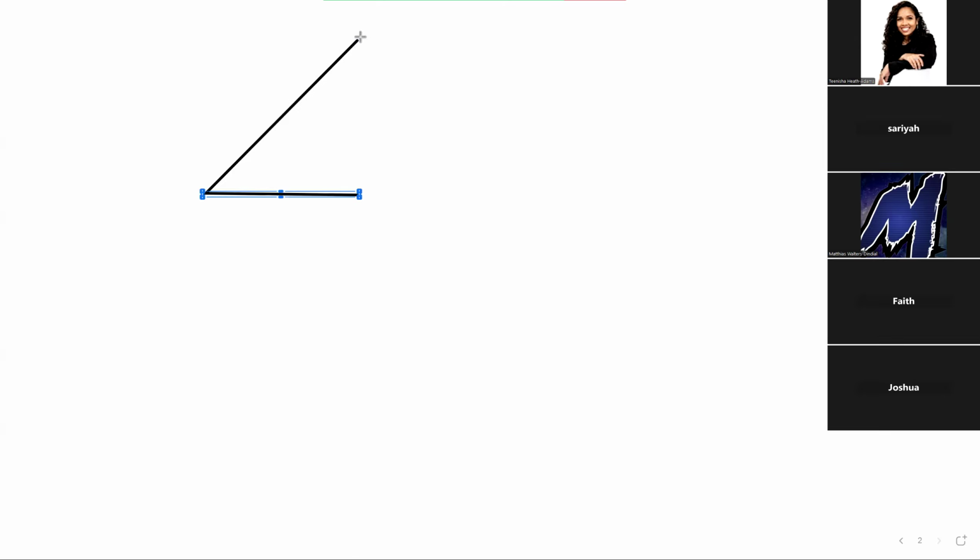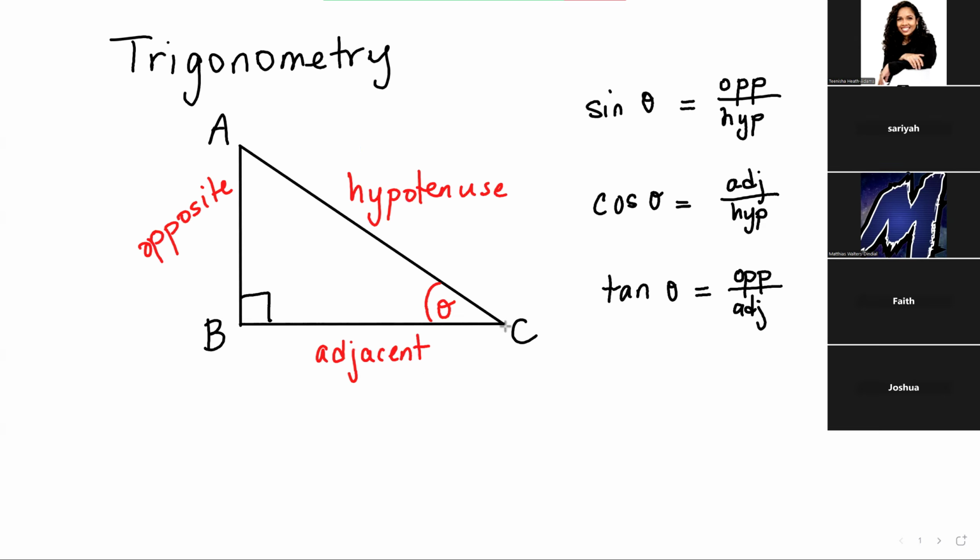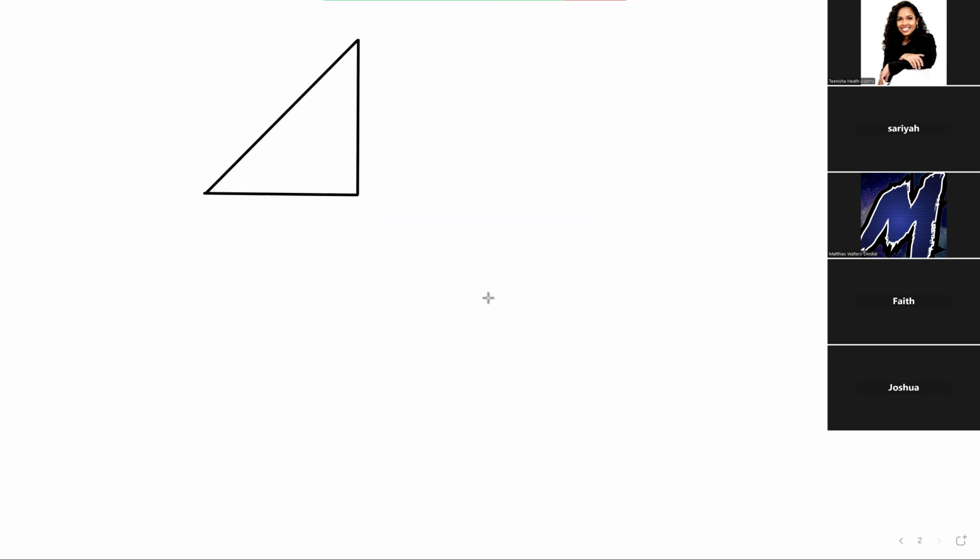Another thing is these ratios, sine, cos, and tan, like sine being opposite over hypotenuse, adjacent over hypotenuse, etc. SOHCAHTOA can only be used for right angle triangles. Okay, so there are different rules that you can use to find missing sides and angles in non-right angle triangles. And actually, it's called the sine rule and the cosine rule. We'll move on to that soon enough.